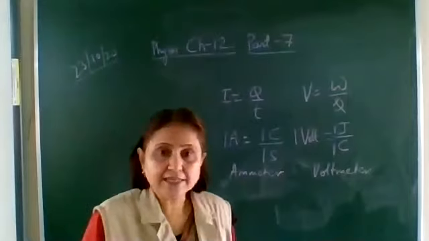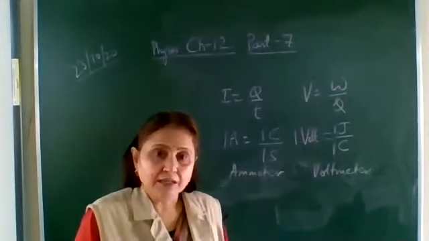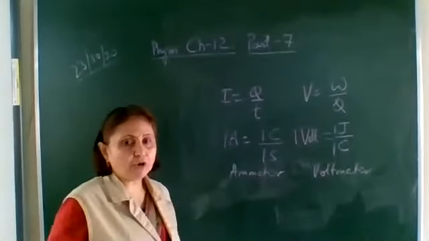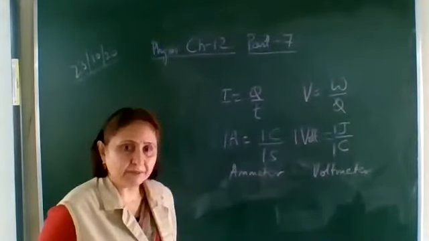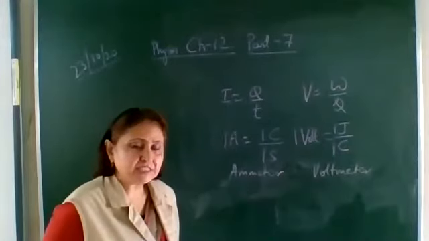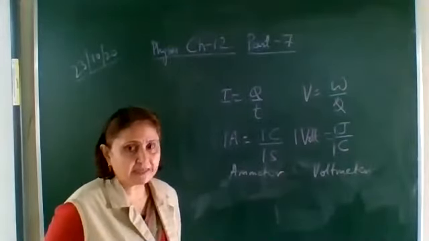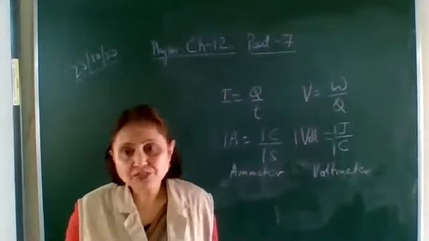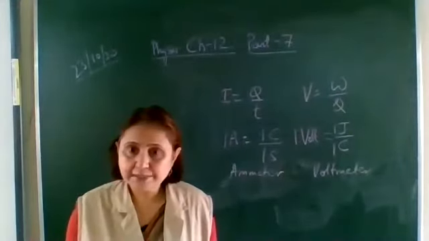Then the circuit diagram is an electrical circuit made in which all the components are represented by their electrical symbols. Such a closed circuit diagram, we call the circuit diagram. Then some symbols of electrical components we have studied.